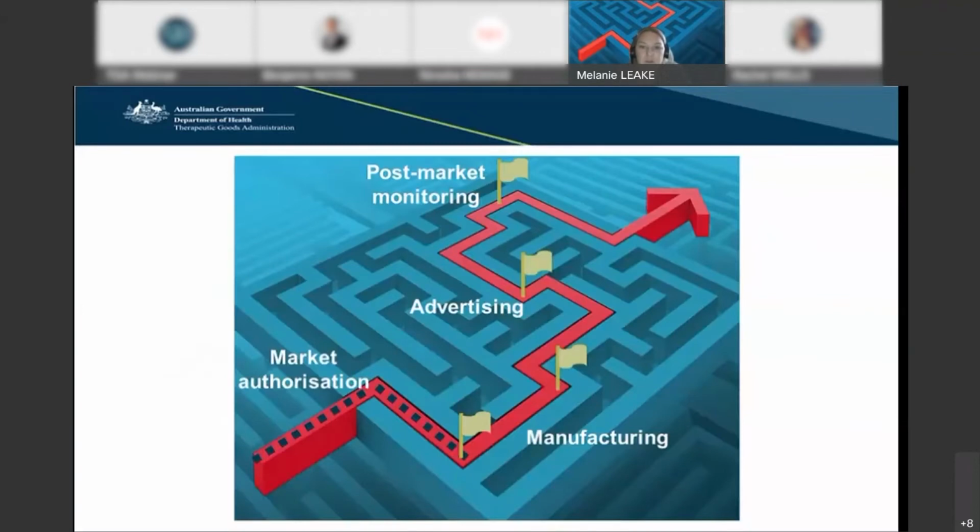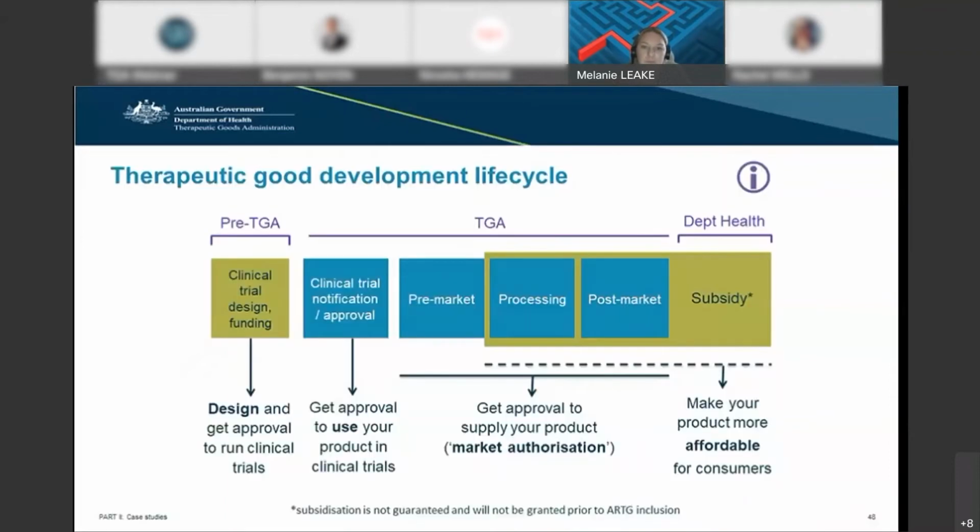So our first stop in the regulatory maze is market authorisation. Ben covered the therapeutic goods development life cycle, which includes market authorisation. The sponsors have numerous responsibilities at each stage of the market authorisation process.